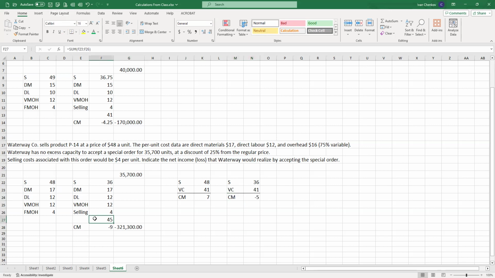I'm already losing $5. He wants me to stop my regular sales, in which I'm making $7, and flip it to him, and I'm losing $5. So how much am I going to lose if I stop my regular sales from which I'm making $7?